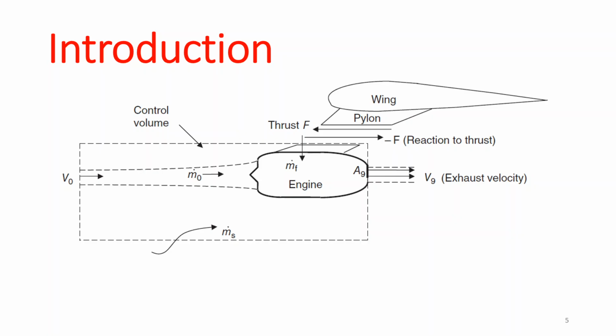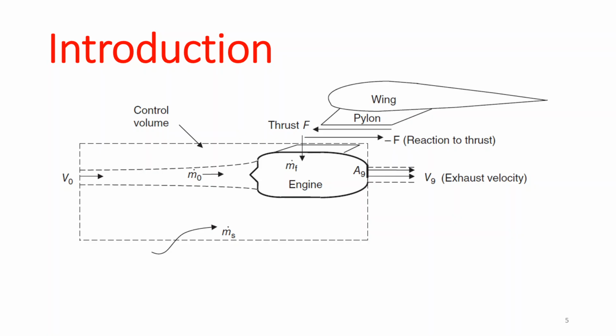The other thing to keep in mind is that we are neglecting the presence of the pylon and the wing, so we are just looking at the jet itself. If you want to find the pressure distribution, based on what you see here, the pressure all around the jet, acting on this control volume, must be the same, other than at the exit.